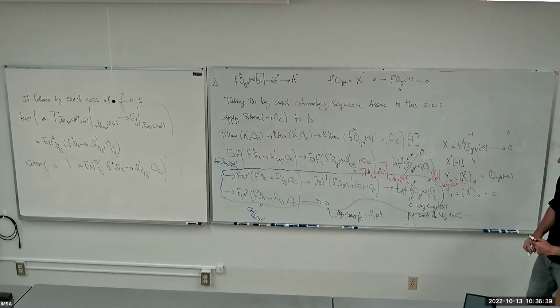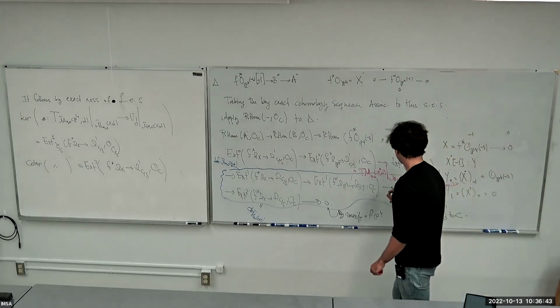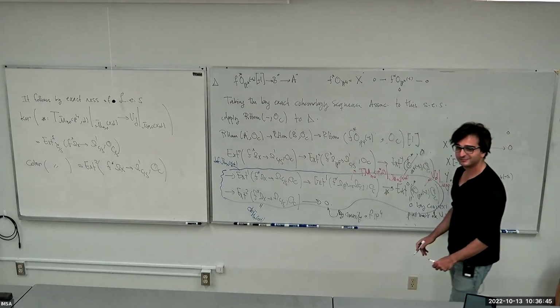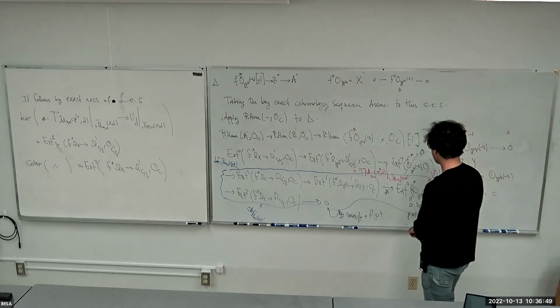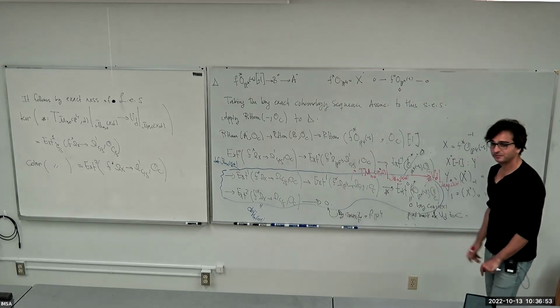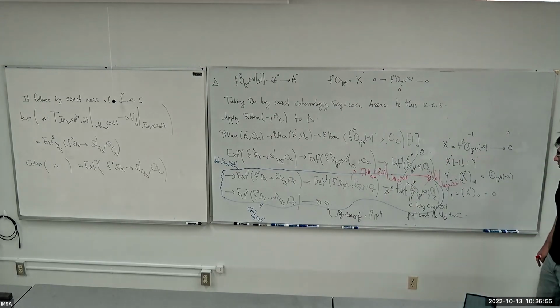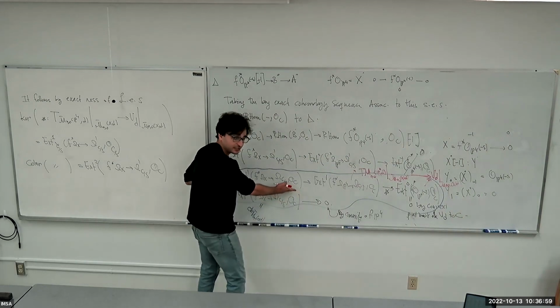Okay? So what is this map? This is star. This is the map of star. Because this map is exactly the map you're looking at. What sits in the kernel of this map is this X group.